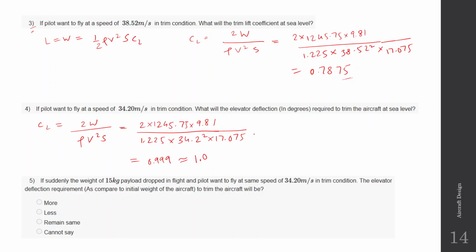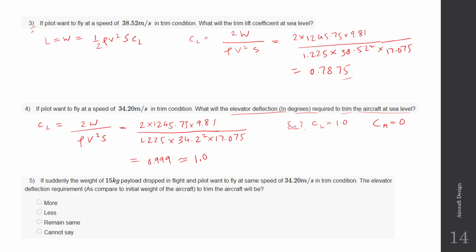Okay, and further the question asks: what will be the elevator deflection in degrees required to trim the aircraft at sea level? So we have to find out what is the delta E for CL equal to 1, and also this is in trim condition, so CM should be 0.